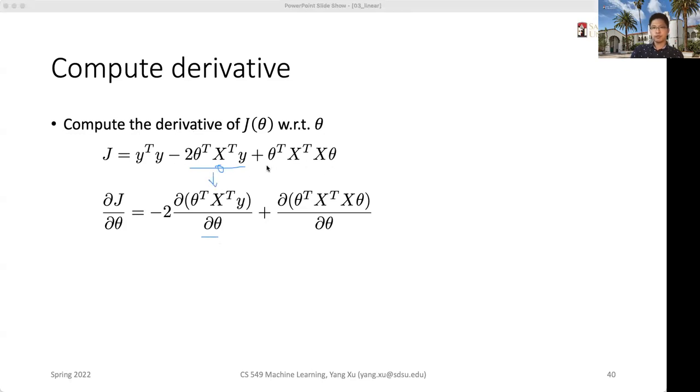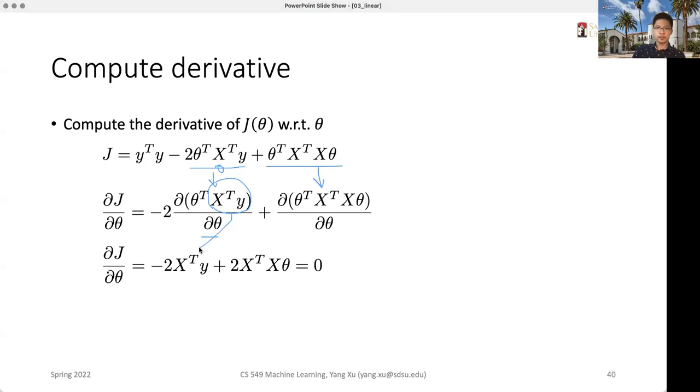And when we take the derivative of this term, it's just like a quadratic term. We can apply similar rules to this calculation by keeping those constant coefficients here.